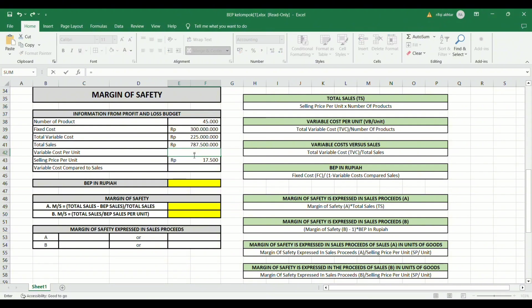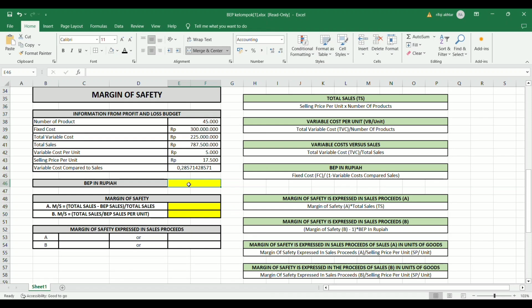The formula is equal total variable cost divided by number of product and then enter. And then next, variable cost compared to sales. The formula is equal total variable cost divided by total sales and then enter.